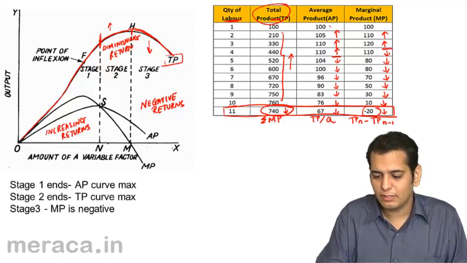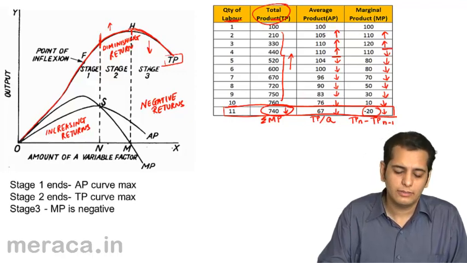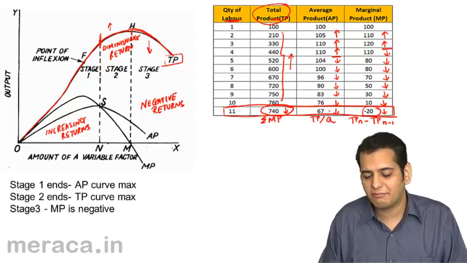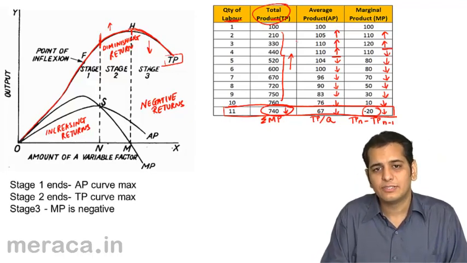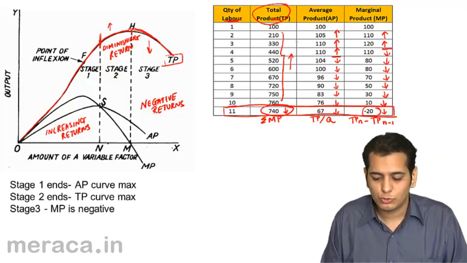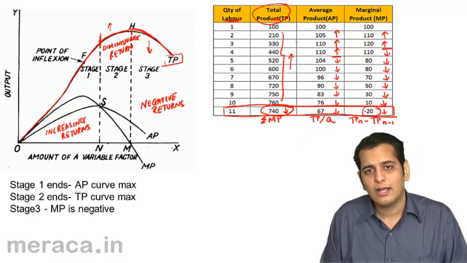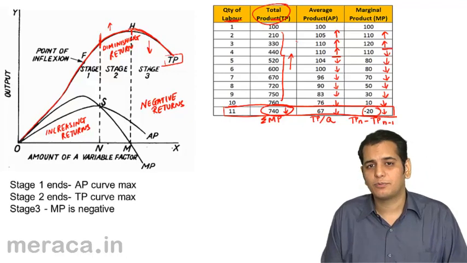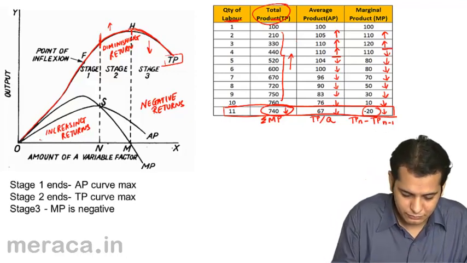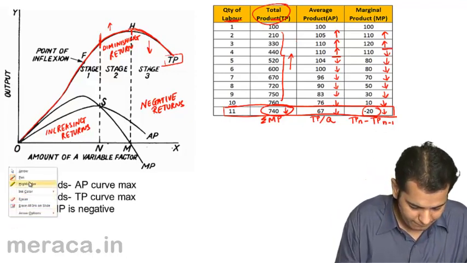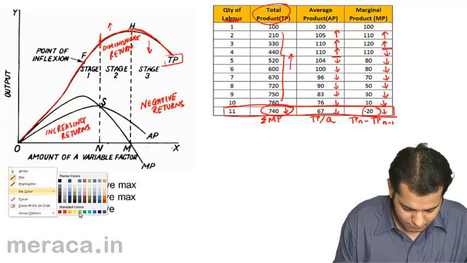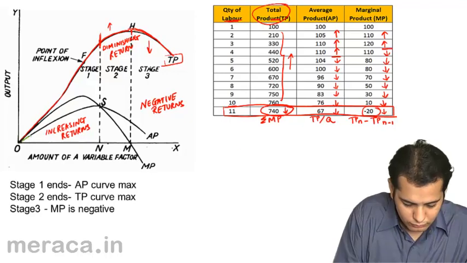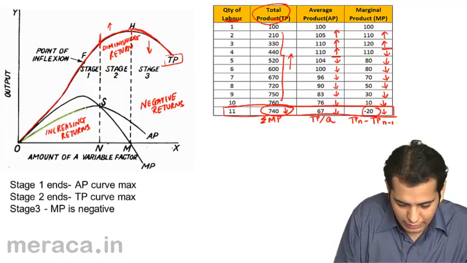Now let's understand what is the case with marginal and average product curves here. The average product curve can also be drawn on this graph because we have the quantities of average product in relation to the amount of labor. So taking the values of labor and the average product, we can mark the average product curve here. This is the curve that we would get.